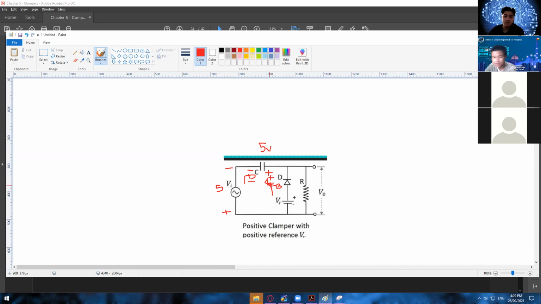And if you take a look at this one, they now have the same polarity. That is why this VR right here, let's say this VR is 2 volts, will be added to this 5 volts right here. So just add those two, and we will have a total capacitor voltage of 7 volts.